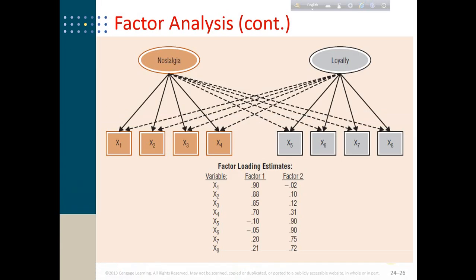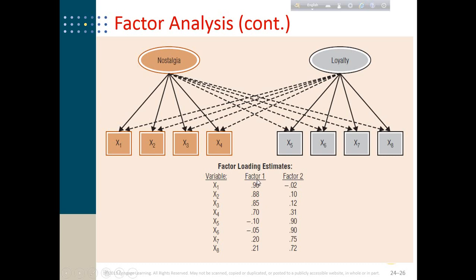So what we can do is these variables 1, 2, 3, and 4 can be grouped as nostalgia, and 5, 6, 7, and 8 can be grouped as loyalty. Now what factor analysis actually does is provide you some loadings. Those loadings identify which variables belong to which factor.